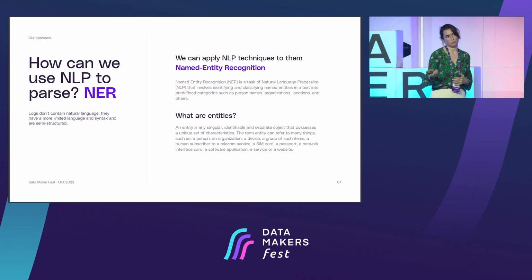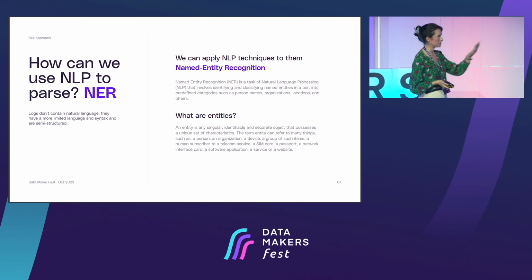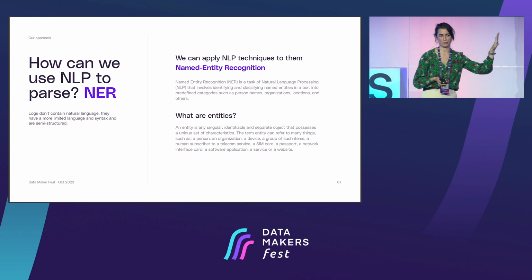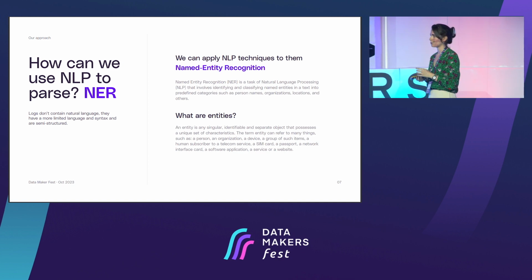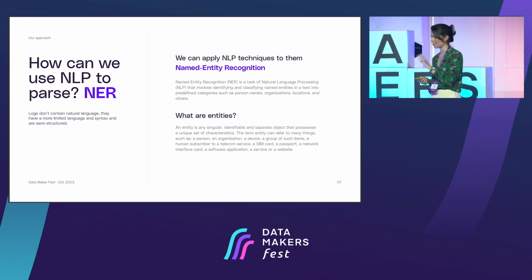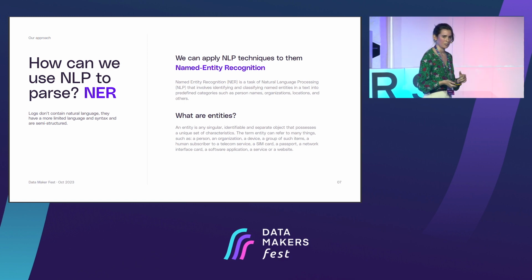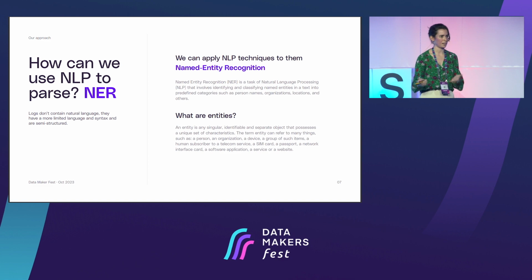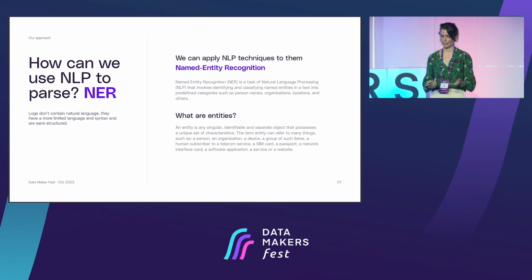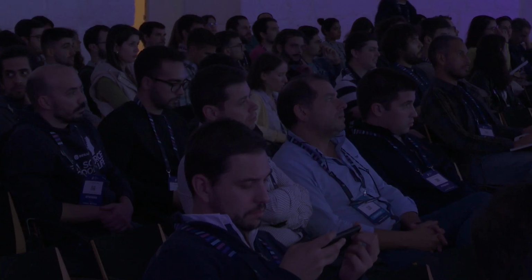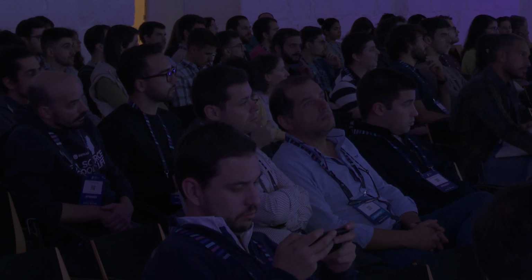So when I started to see named entity recognition algorithms, I noticed they were usually detecting things like persons, organizations, locations. But I wanted to see how we can apply things like that to logs, which are the data I use on a daily basis.